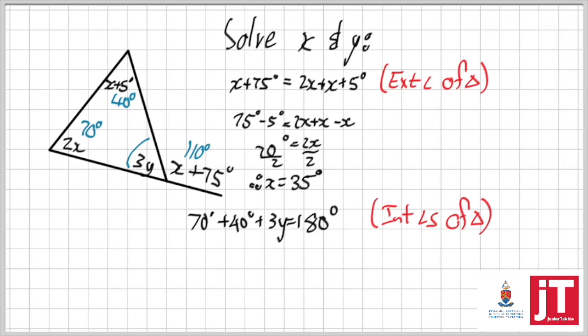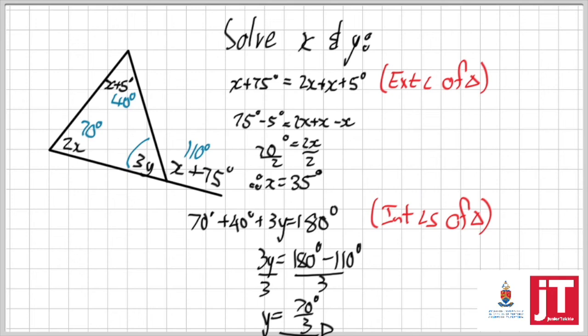Take off my geometry hat, put on my algebra hat, and let's solve for y. So 3y must be 70 degrees. So dividing by 3, y must be 70 degrees over 3, or 23.33333, to infinity and beyond.